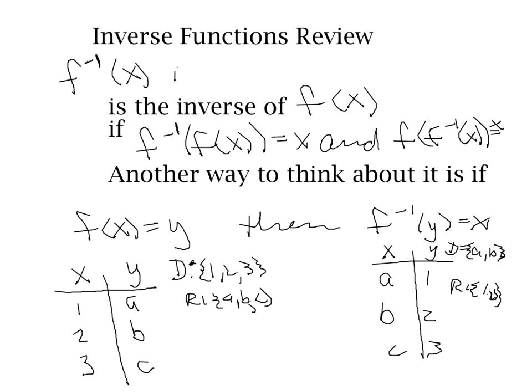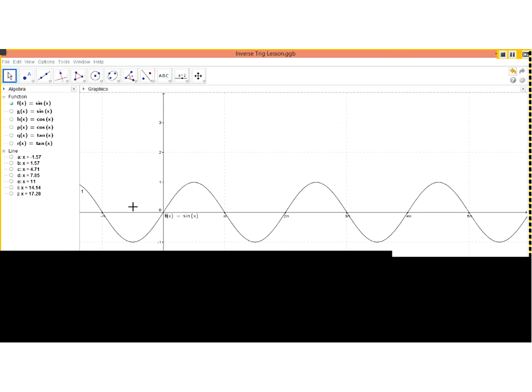Okay, so another thing about functions and their inverse: f has to be a one-to-one function in order to have an inverse. So if we think about the trig functions, they are not one-to-one. So let's pull up the graph of sine.